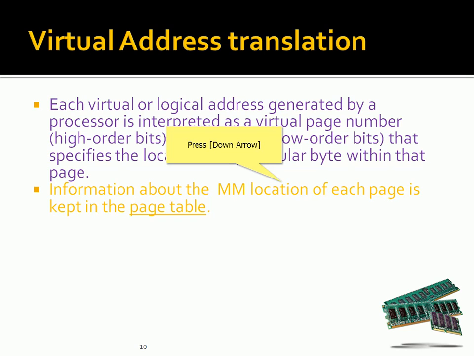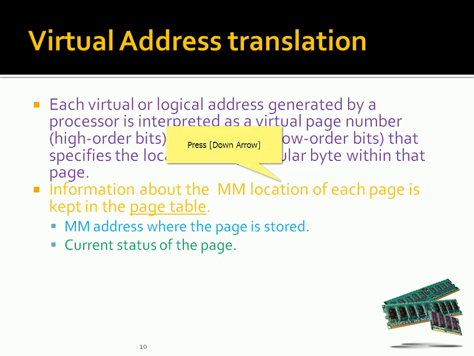All those kinds of logbook information are available in the page table, right? So the page table is again a data structure which contains up-to-date information of all the pages which are available right now in the main memory: the main memory address where the page is stored, and the current status of the page.